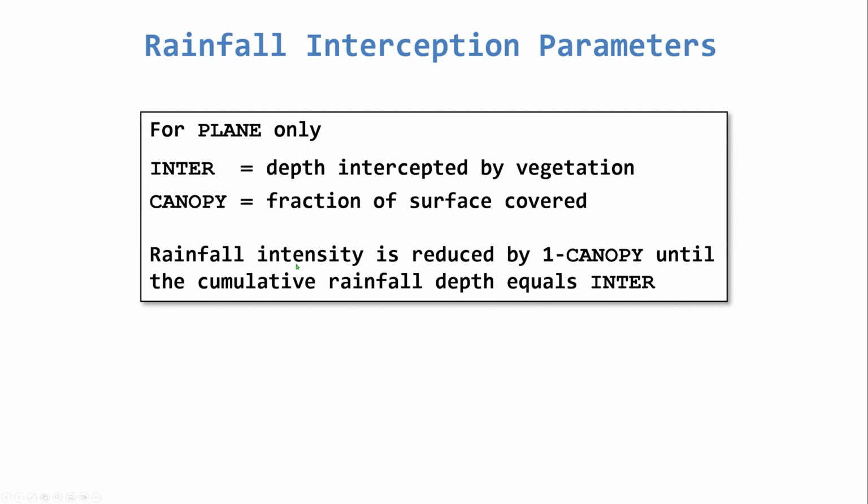And the rainfall intensity is reduced by 1 minus the canopy until the cumulative rainfall depth equals the interception depth. That's how it's taken out. It's not just chopped off the front end of the hyetograph, but basically reduces the intensity for this time.